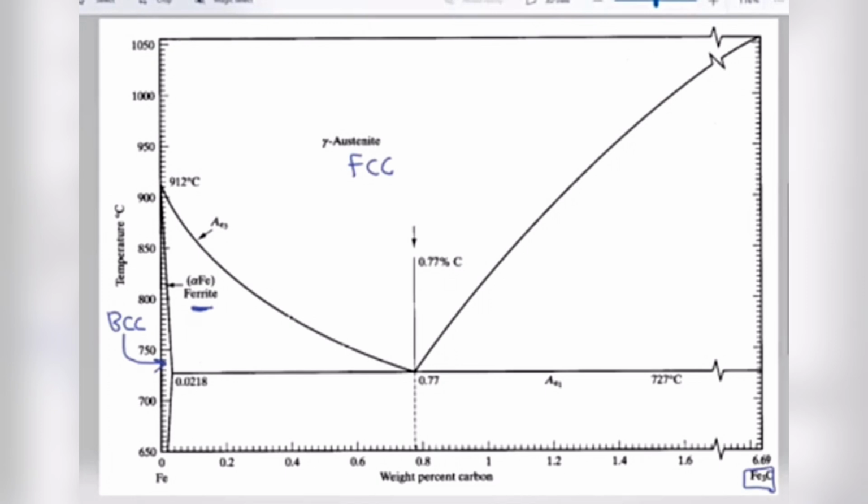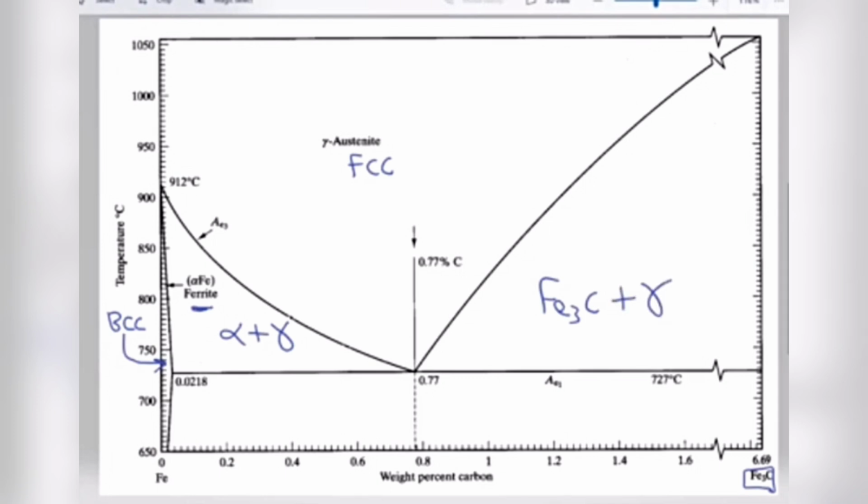In terms of our other regions, we have alpha plus gamma, which is a mixture of alpha iron, BCC, and gamma austenite, FCC. We also have a region which is cementite, Fe3C, plus gamma.